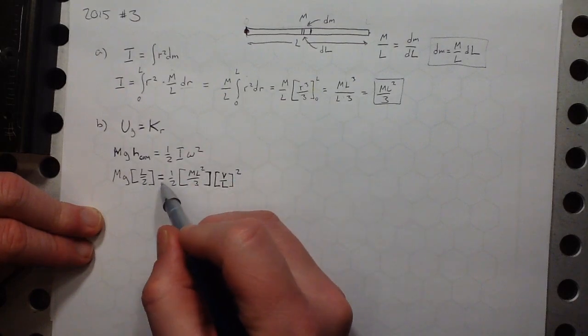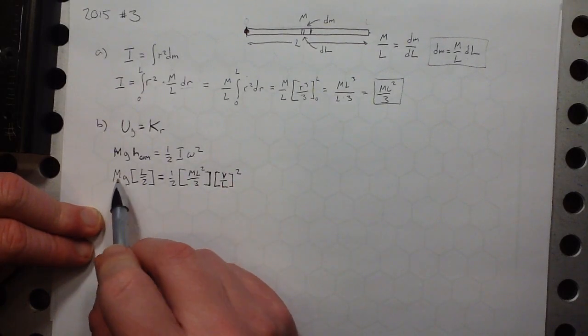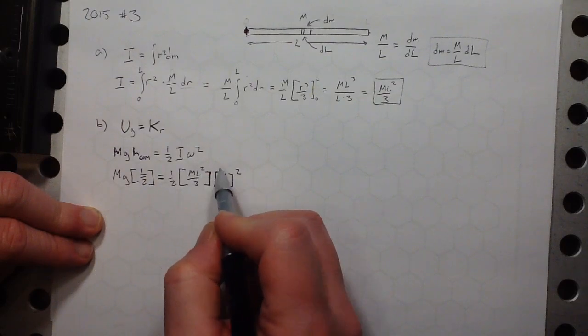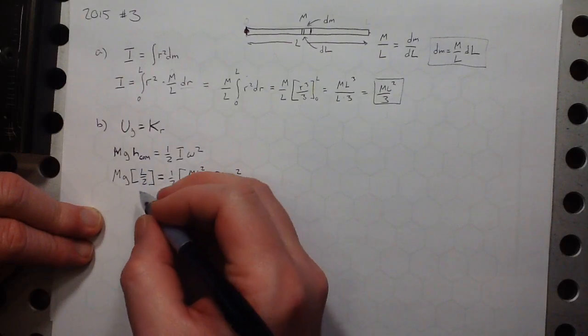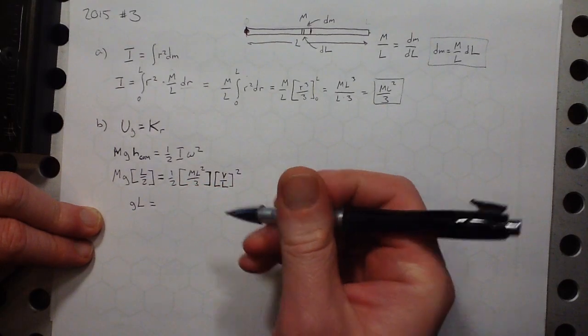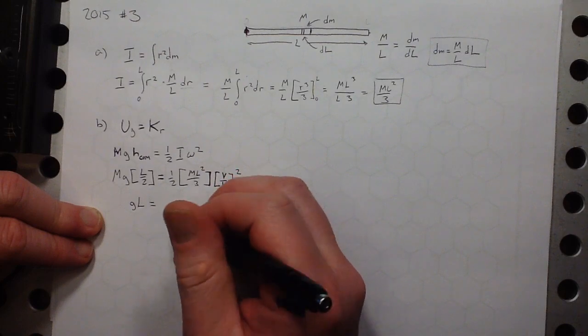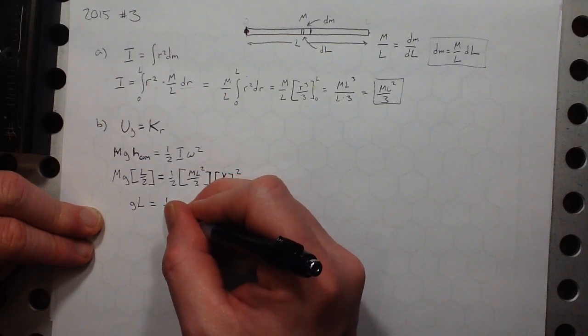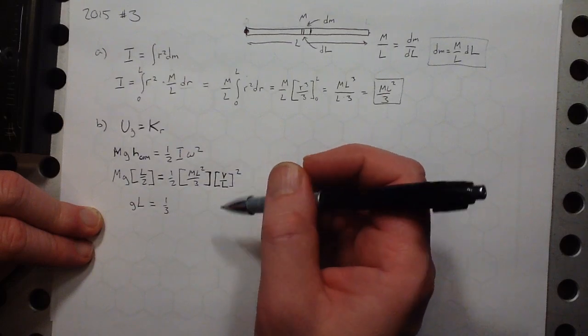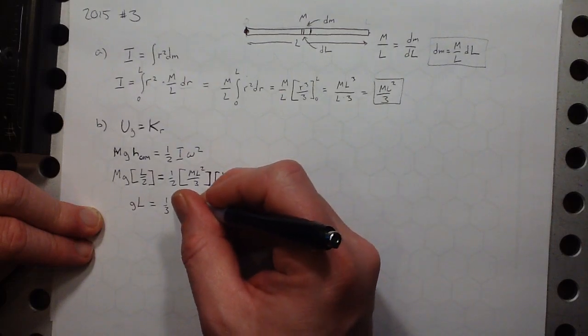Let's see, the 1/2s cancel, the M's cancel, all of the L's cancel on this side, leaving on this side, it looks like I would have GL. And then on this side, my 1/2 canceled, I still have the 1/3, and my L's cancel, my M canceled, so I have the V squared.